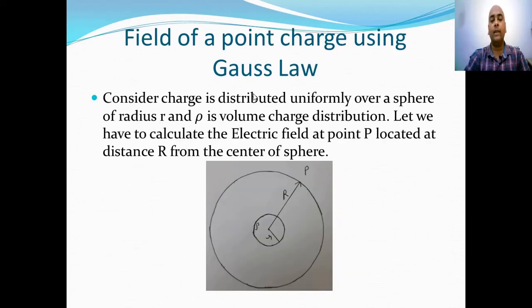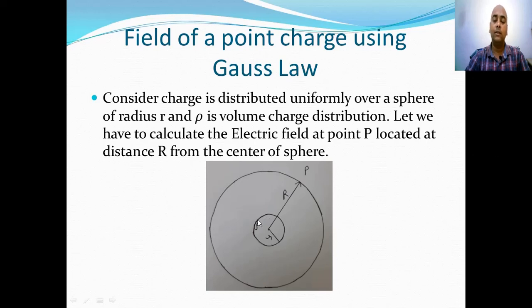So now we are calculating the field of a point charge using Gauss law. Field of a point charge means that we have some point charge, and we want to calculate the field due to the point charge at some point P. So consider charge is distributed uniformly over a sphere of radius small r, and rho is the volume charge distribution.